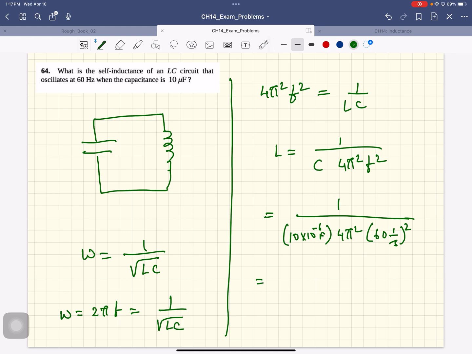So this is equal to 10 to the power 5 divided by 4 pi square into 3,600 henries.